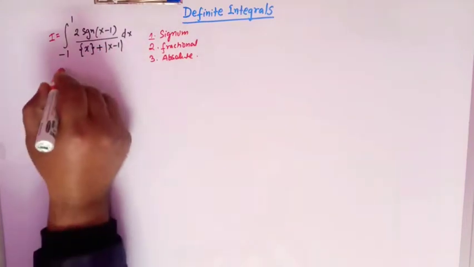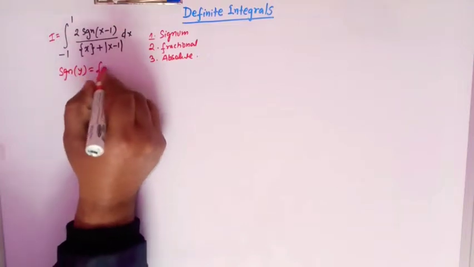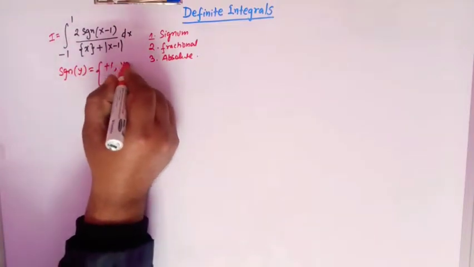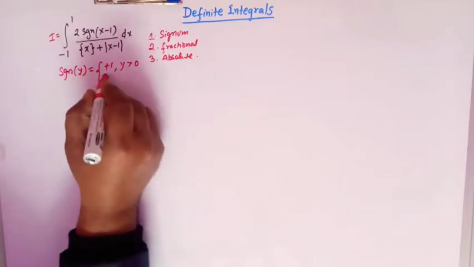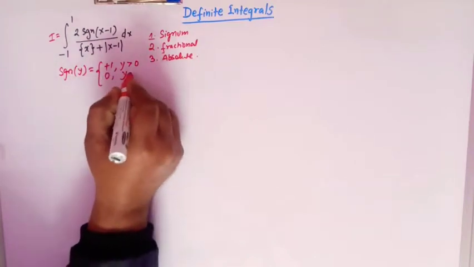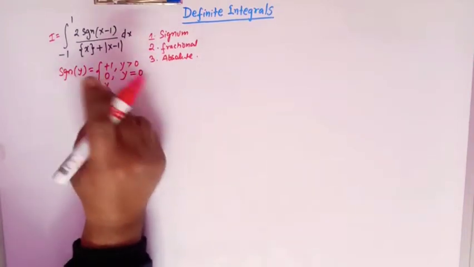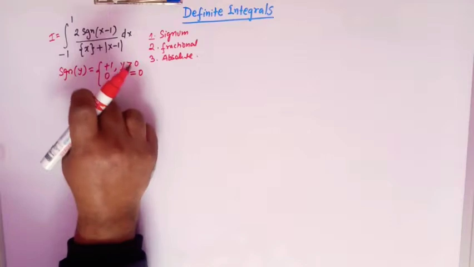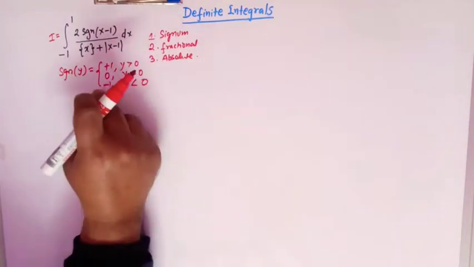Signum of y is equal to +1 whenever y is greater than 0, signum of y is equal to 0 whenever y is equal to 0, and signum of y is equal to -1 whenever y is less than 0.